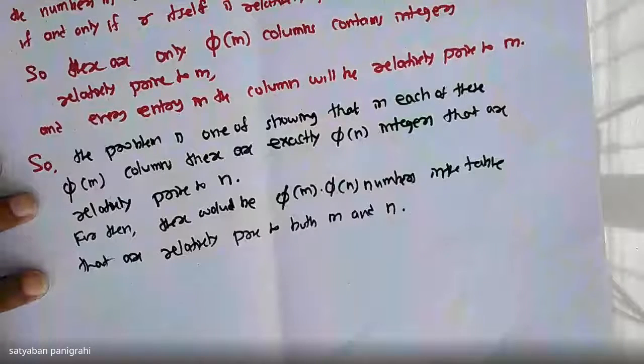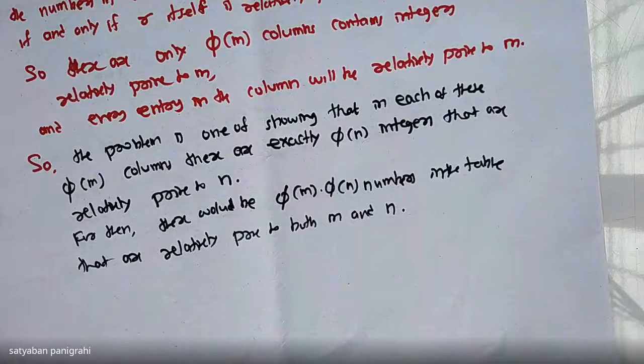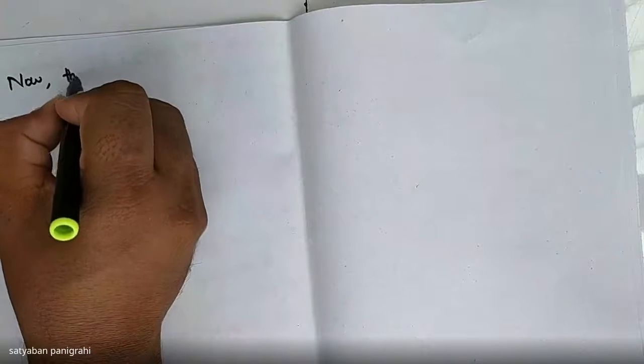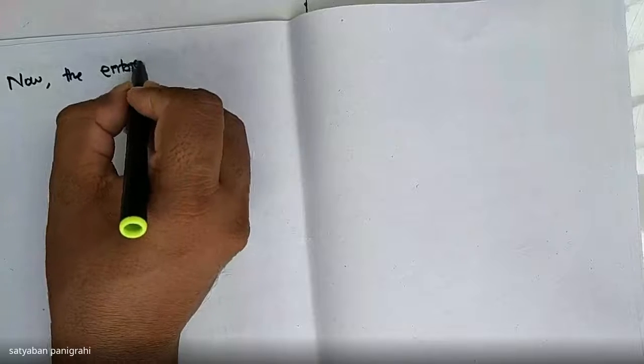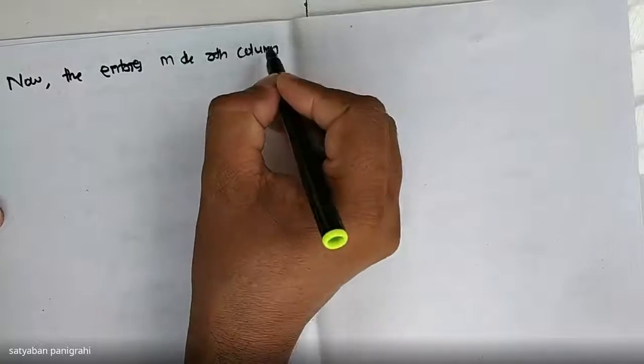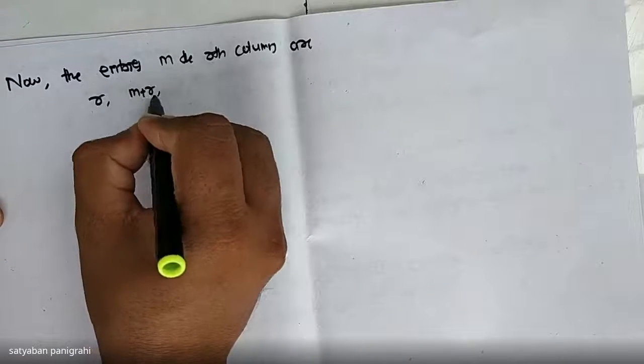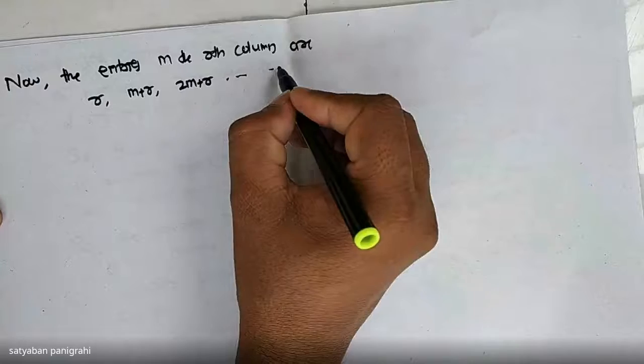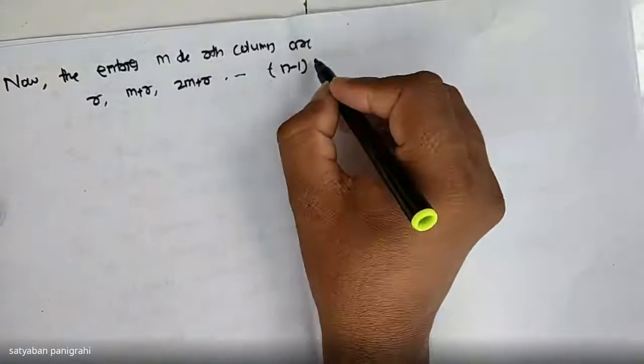Now you can say, see, now you see, the entries in the rth column are: r, m plus r, 2m plus r, up to (n minus 1)m plus r.